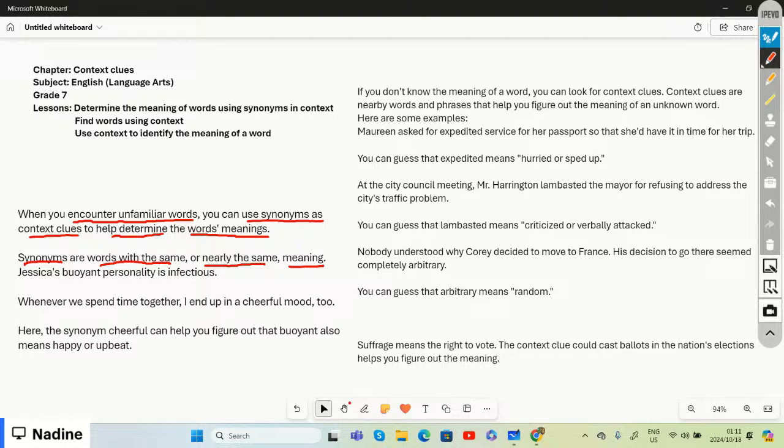All right. And if we look at an example, it says, Jessica's buoyant personality is infectious. If we look at that word, specifically buoyant, it is a word that seems big.